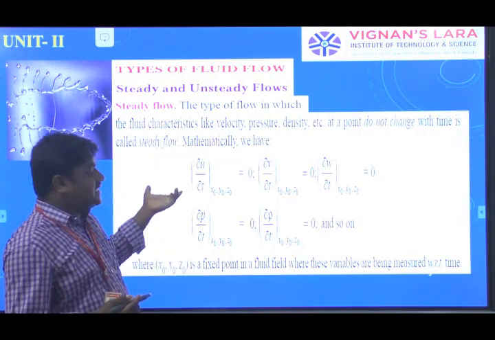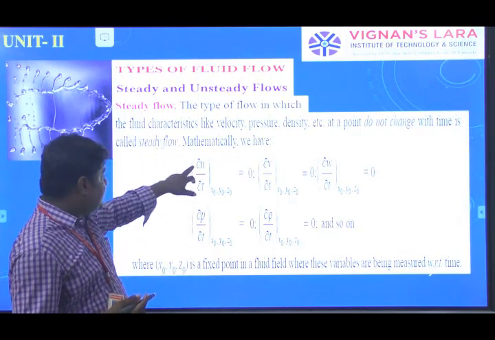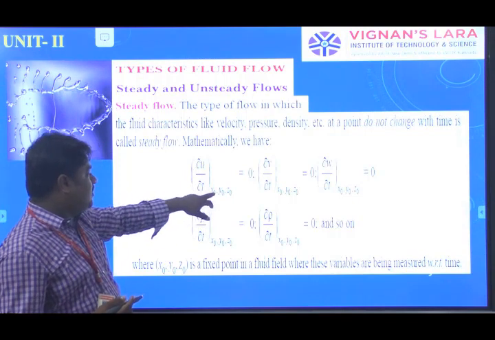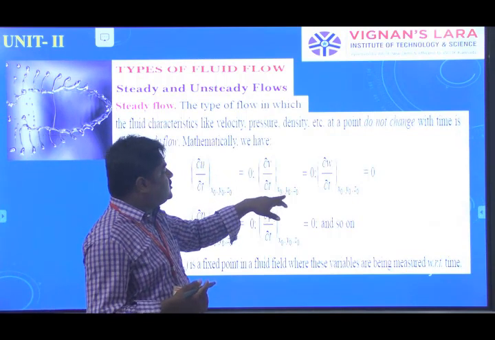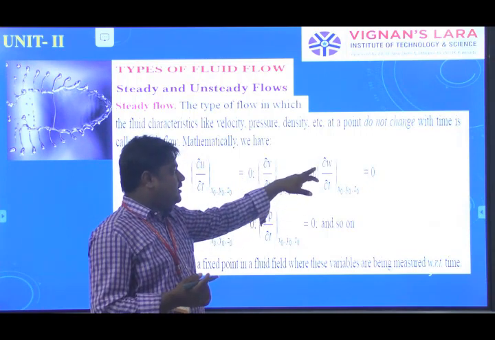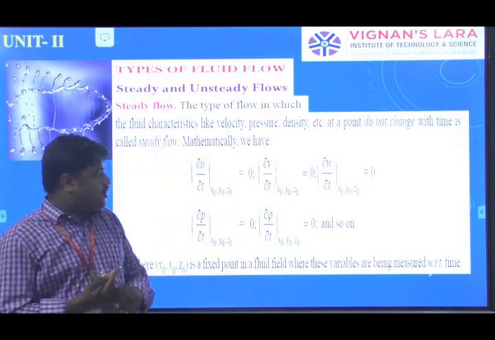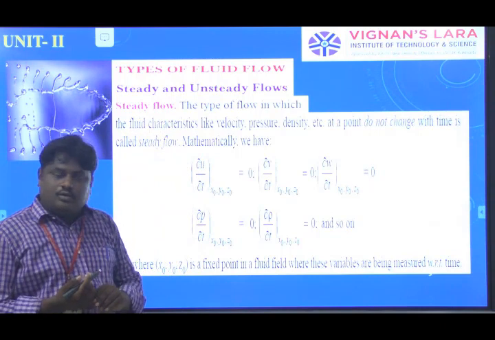So that's why I have written dou u by dou t at x0, y0, z0 equal to 0, then dou v by dou t at x0, y0, z0 equal to 0, then dou w by dou t at x0, y0, z0 equal to 0.